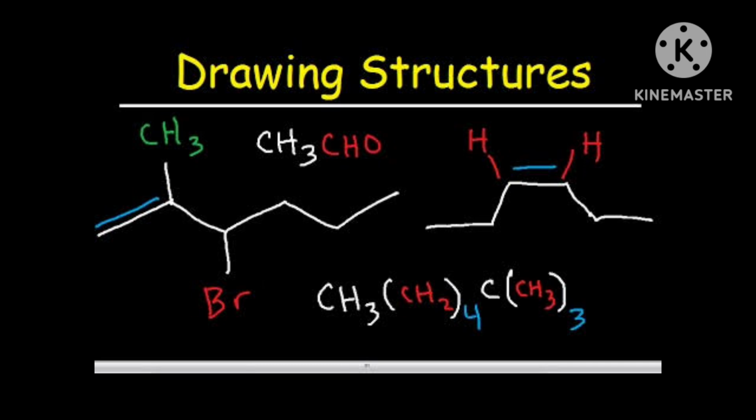Then there are 2 branches, 2 hydrogens replaced by 2 methyl groups. So the first carbon is attached with the OH group. Second and third are not a problem. The fourth carbon is CH, with one H okay and the other attached to a methyl group. And the fifth is also attached with a methyl group.